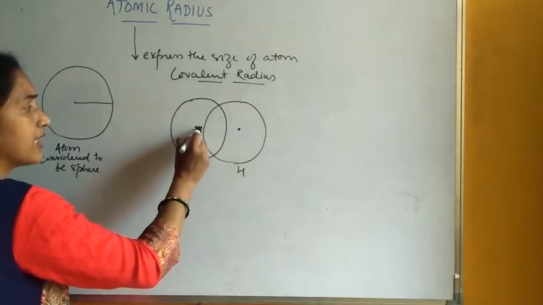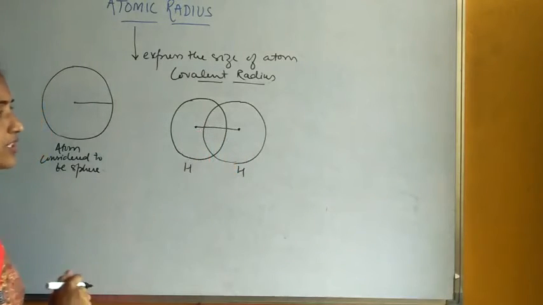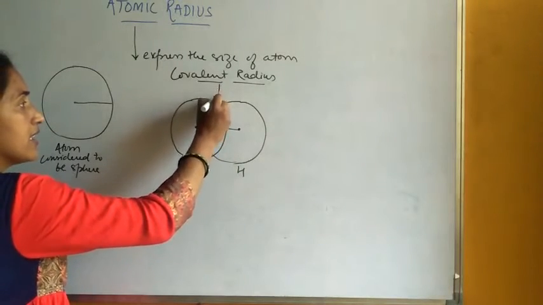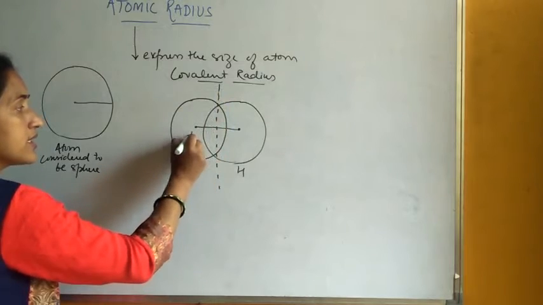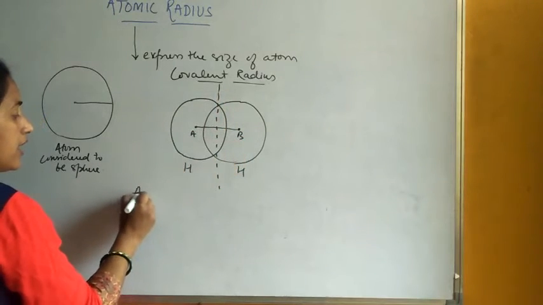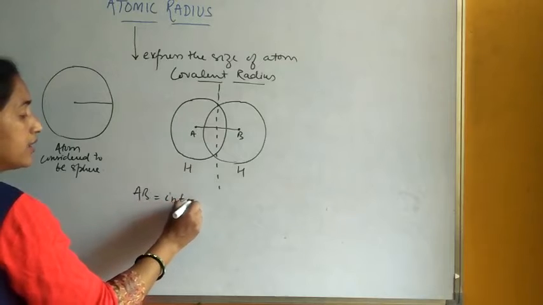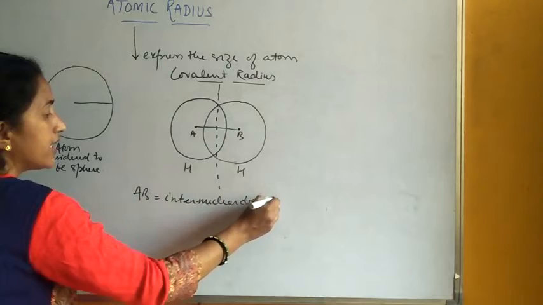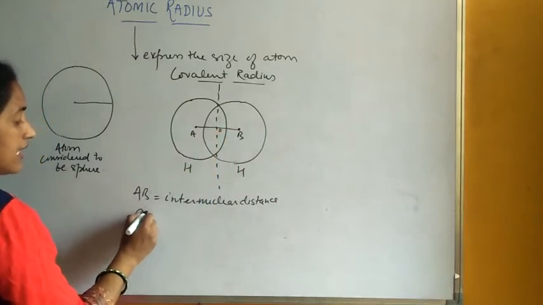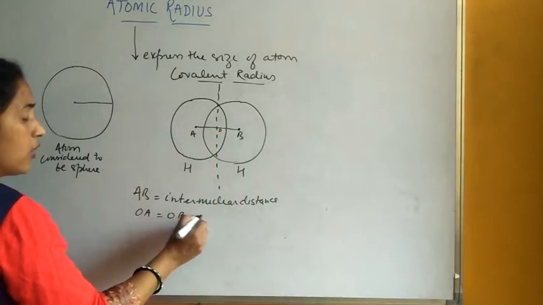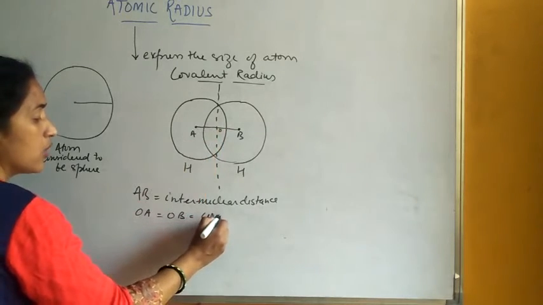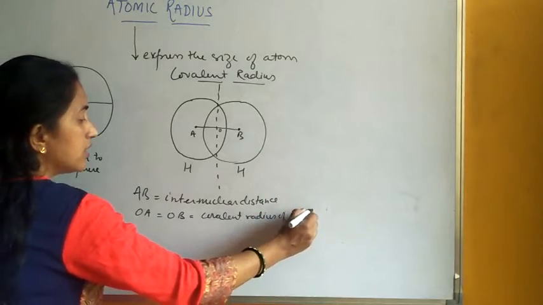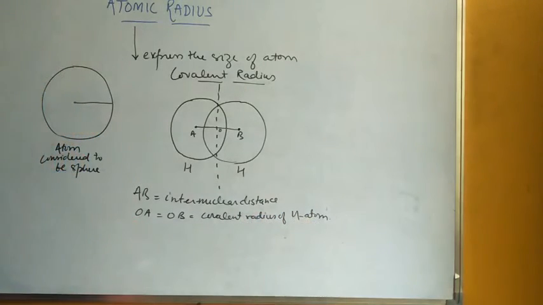Now imagine that these two are the nuclei of these two atoms, which are bonded by a covalent bond. When we take half of this internuclear distance, that is AB, student, here is the internuclear distance. Then OA and OB will be taken as the covalent radius of the hydrogen atom, right?